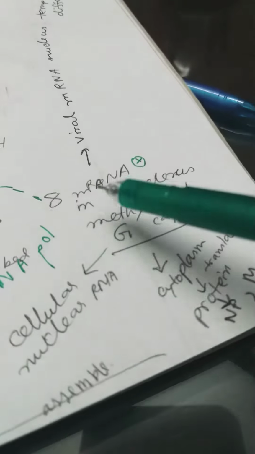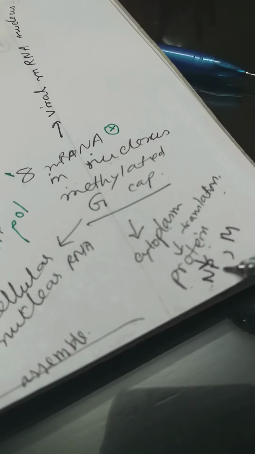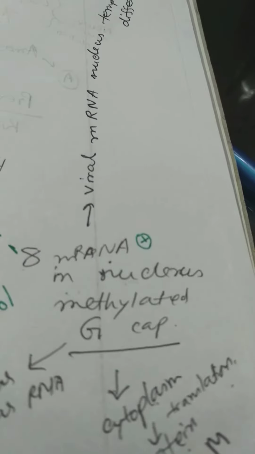Then some mRNA goes to the cytoplasm and is translated into protein, the NP protein and M protein.